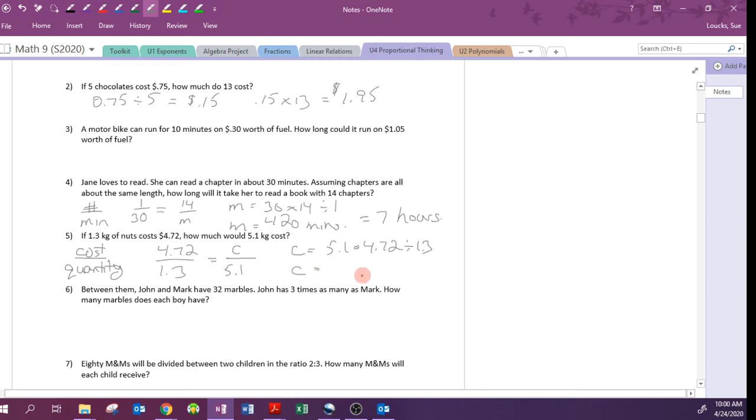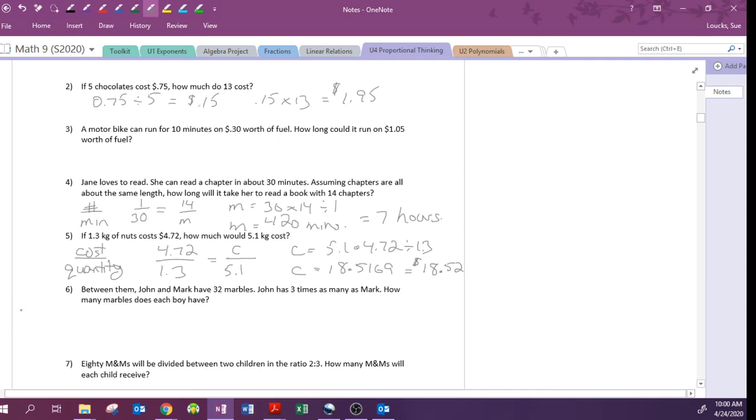So the cost is 18.5169 and some other numbers. And money we always write to the penny, unless context suggests that we should not, but usually you write it to the penny.